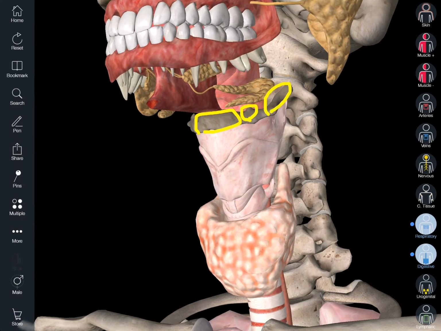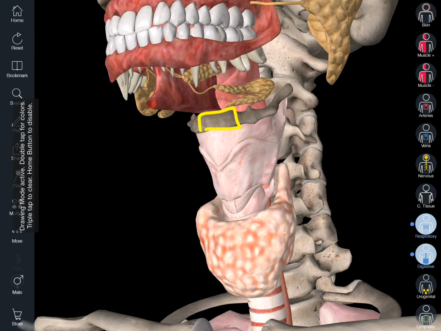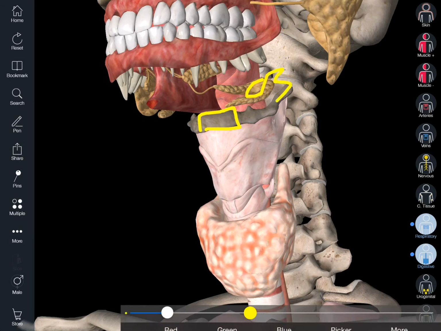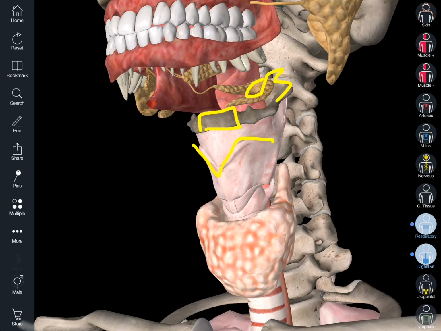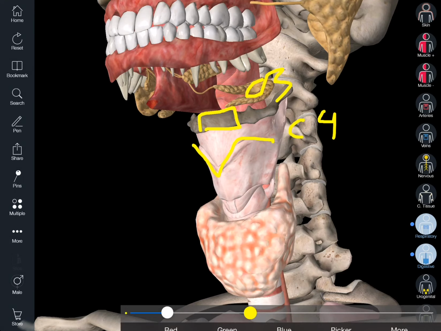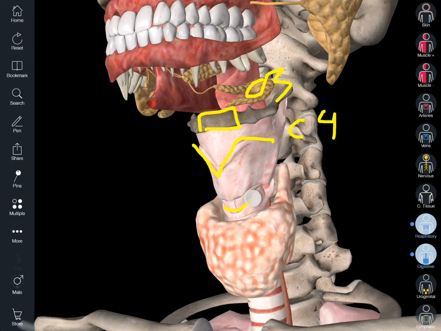Now, the body stands opposite the C3, the third cervical vertebra, and the upper border of the thyroid cartilage stands opposite the C4, the fourth cervical vertebra, and then the cricoid cartilage stands opposite the sixth cervical vertebra.